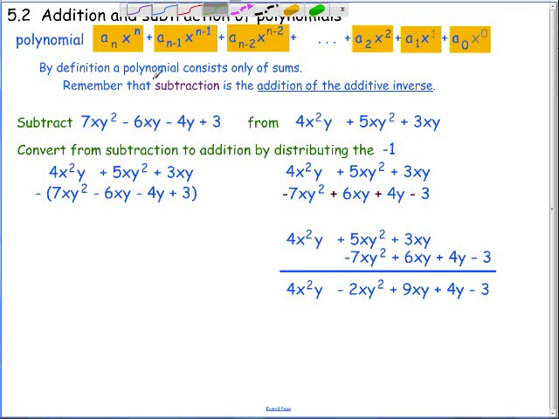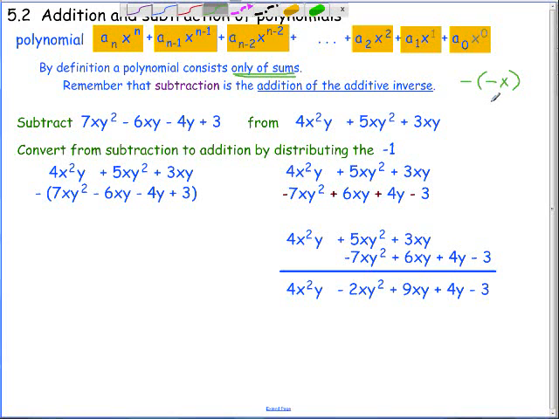By definition, a polynomial consists only of sums. Remember that subtraction is the addition of the additive inverse. Oh yes, that can be very helpful. Particularly, think about how useful it may be if subtracting negatives tend to get into trouble for you.